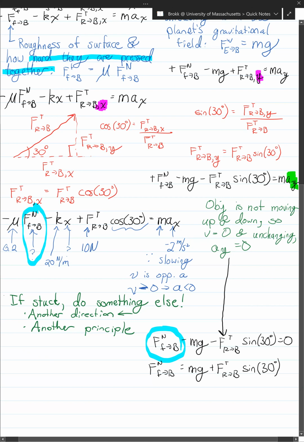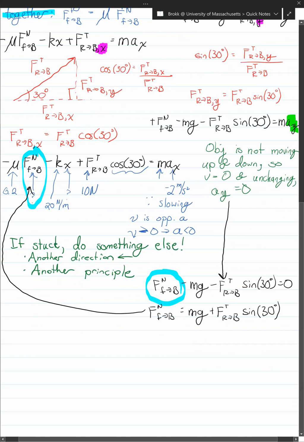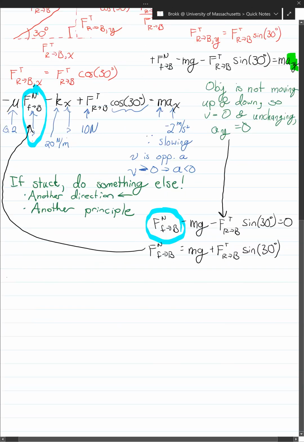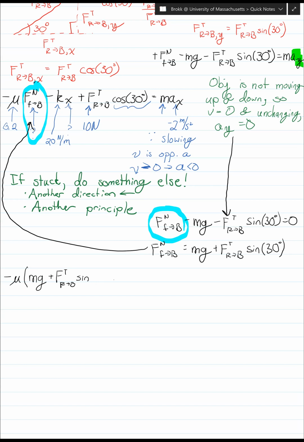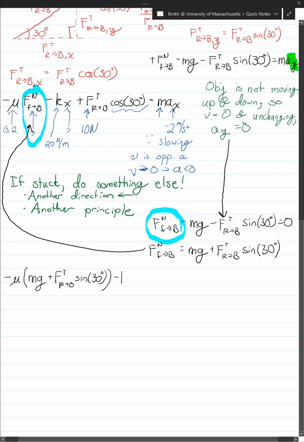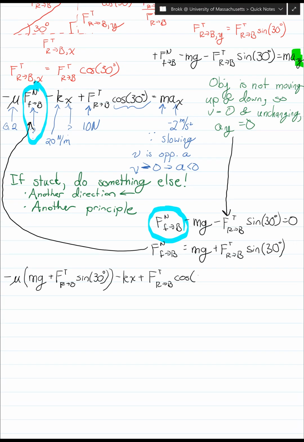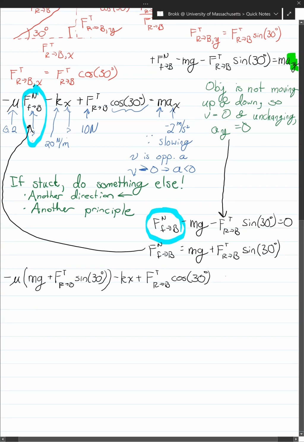So we take this and drop it in there, which gives us minus mu, start a parenthesis, mg plus F_T rope on block sine 30, close parenthesis, minus kx plus F_T rope on block cosine 30 equals m a_x. And now we're done.